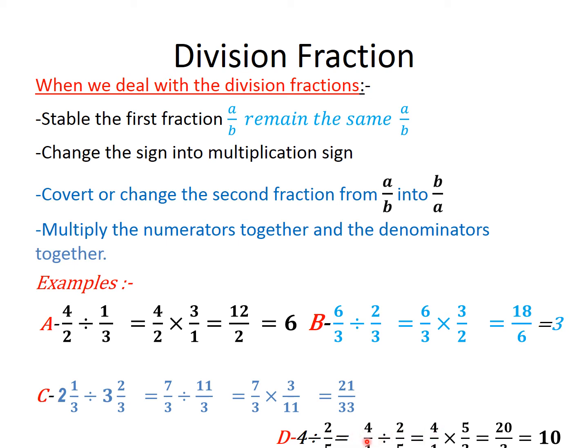We change the sign into a multiplication sign, and we change or convert the second fraction from 2 over 5 into 5 over 2. And then we multiply 4 by 5, it will be 20. And 1 multiply 2, it will be 2. 20 divided by 2, it will be 10.